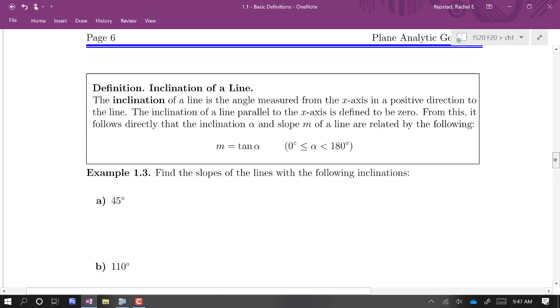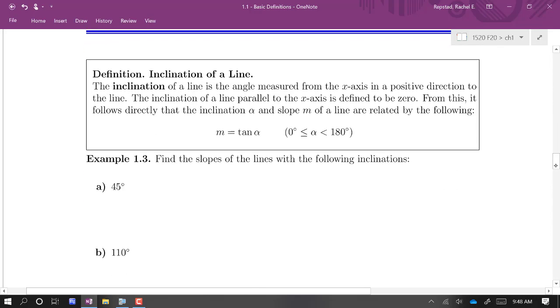So the slope is one way to measure whether a line is rising or falling, and how steep it is. But we have another way to describe that, and that is by using the inclination of a line. The inclination of a line is the angle that it makes with the positive x-axis, or really with any horizontal line.